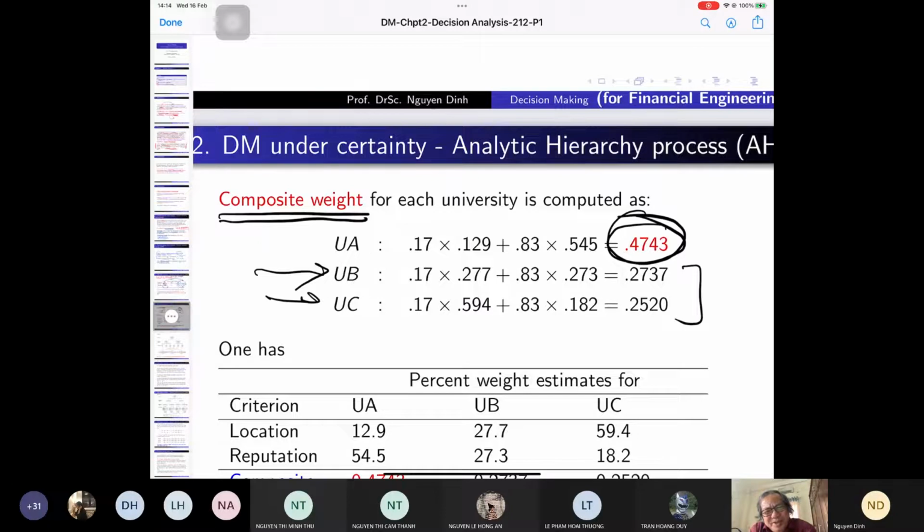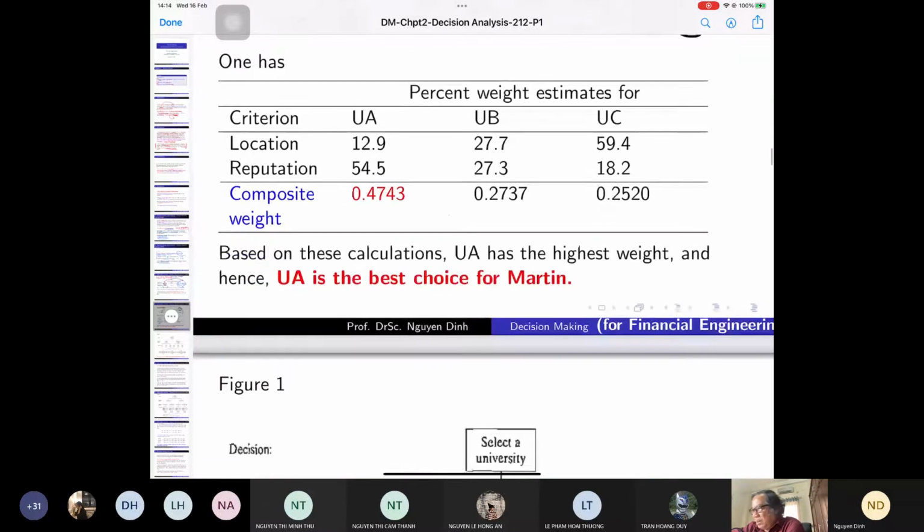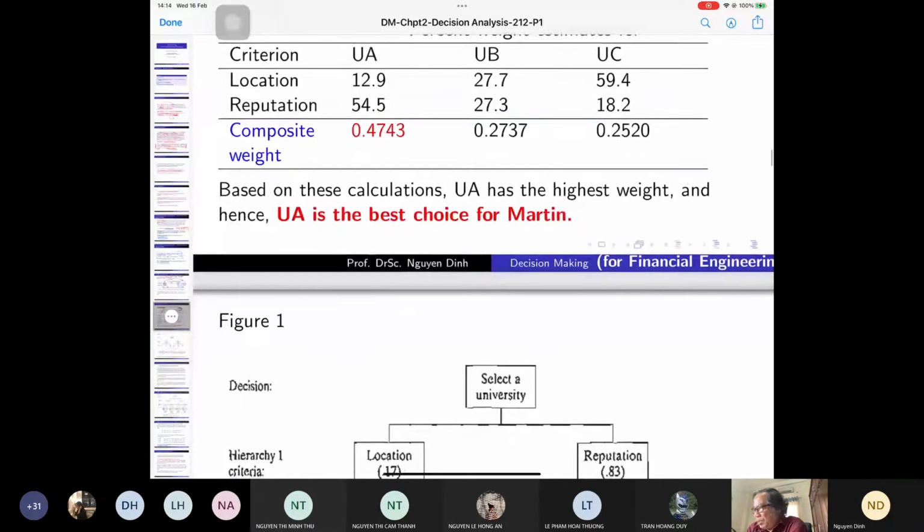Now related to this, the people who make a decision, we call decision maker. Decision maker. This is actually one decision making situation.